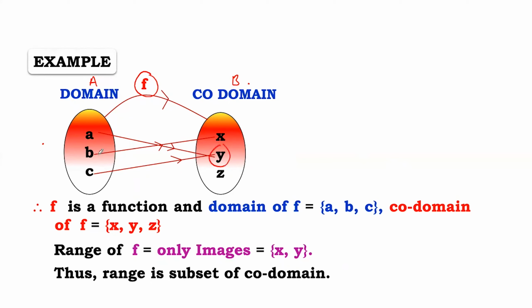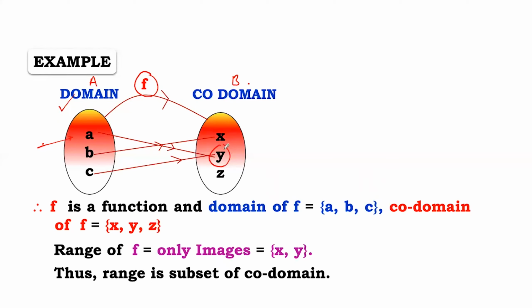Y is not in set A. The restriction is on set A, not on set B, right? So for the domain, A gives a value, B gives a value, C gives a value, and all give a single value. So for domain purposes, this is okay, right? That is the only thing you have to see.